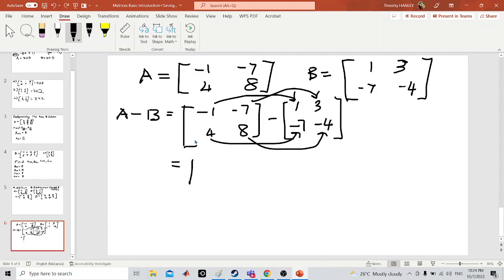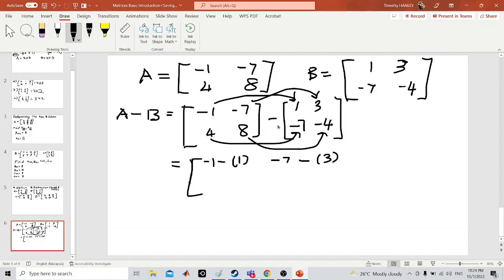So -1 minus bracket 1. It's better to put brackets here just so that it is safer and easier for you to see. And this one is -7 minus bracket 3.